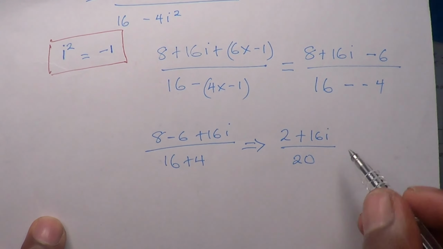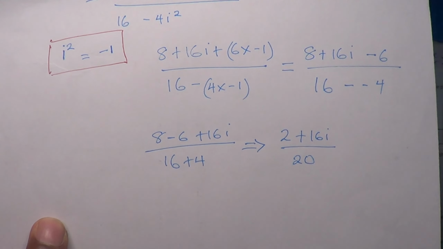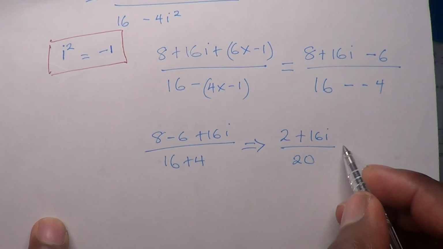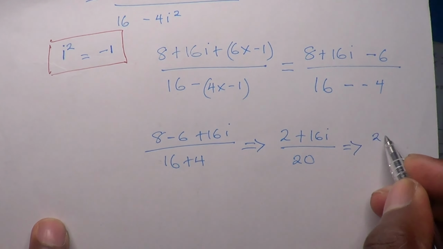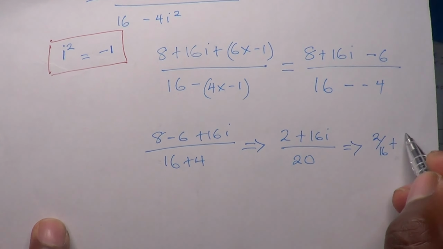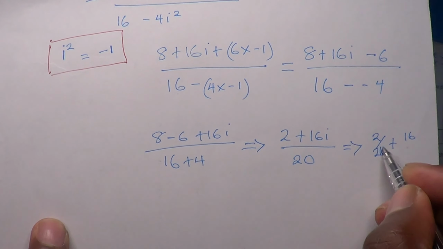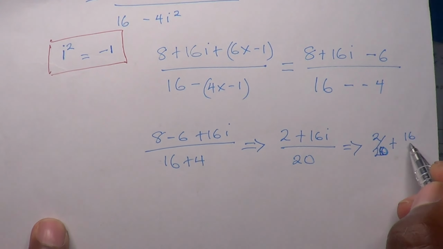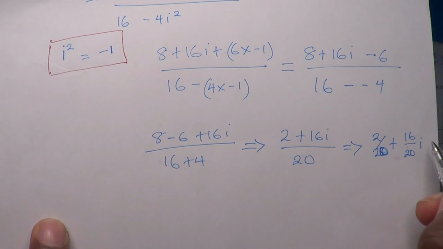Then the next step, after multiplying, is that I need to simplify the expression. For me to simplify this expression, it will be 2 over 20 plus 16 over 20i.